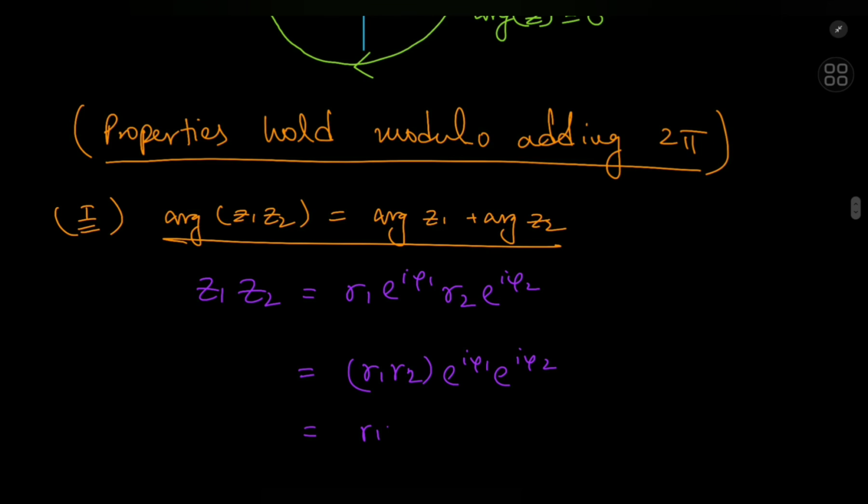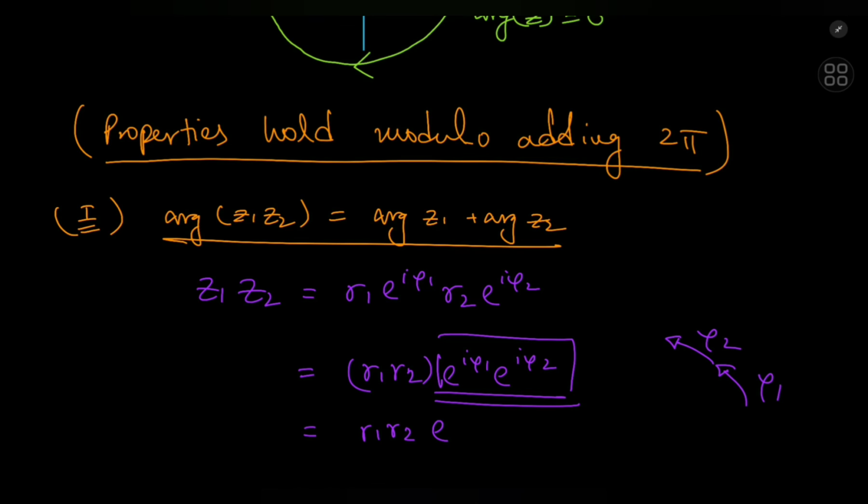So this here is just r sub 1 and r sub 2, but what exactly does this product mean? Well, e to the i phi sub 1 means a rotation by phi sub 1, and you're following that up with a further rotation by phi sub 2. So that means first you rotate by phi sub 1, then you rotate by phi sub 2.